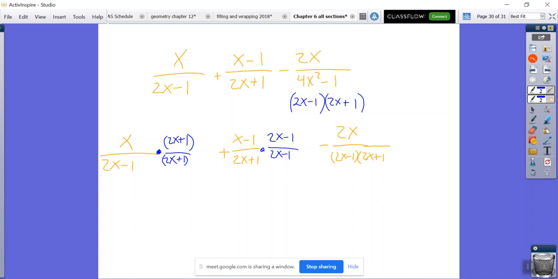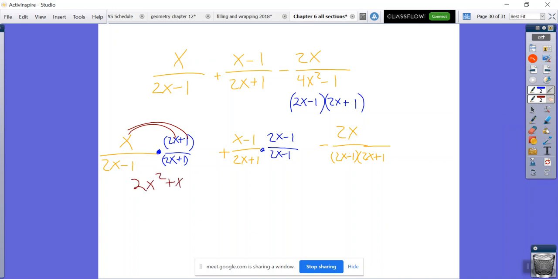Love it. All right, now we're only going to worry about the numerators because we know what the denominators are going to be. All right, so what do I get for my first numerator when I multiply x times both of these things? Is it 2x squared plus x?